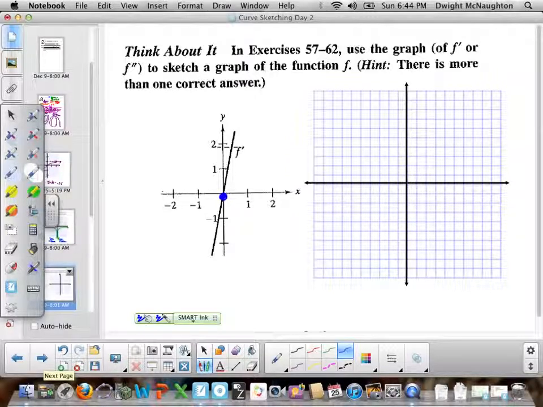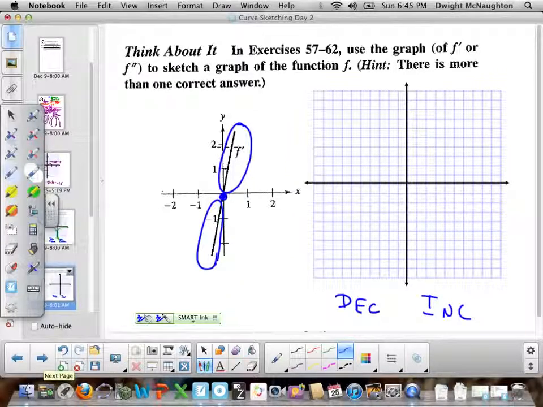We're negative coming in to x equals 0. Negative means the function is decreasing. The derivative is positive coming out of 0. So that means the function is increasing. So our function is going to look like that.